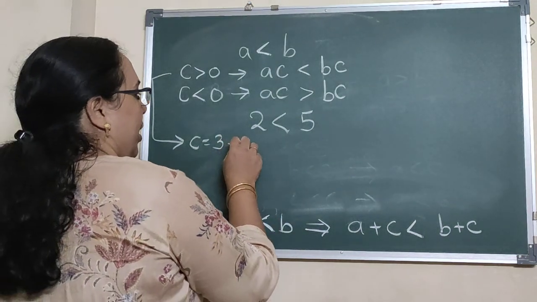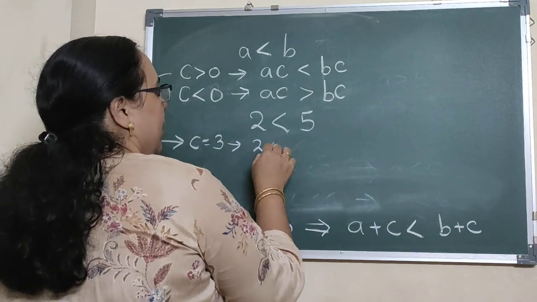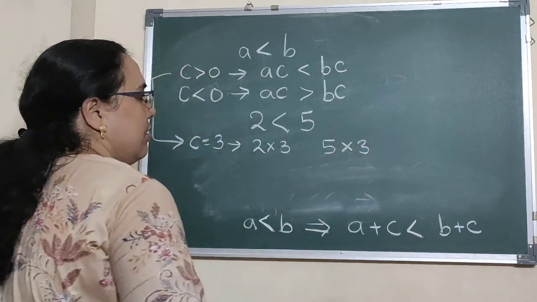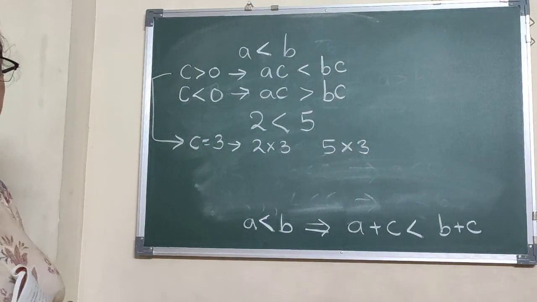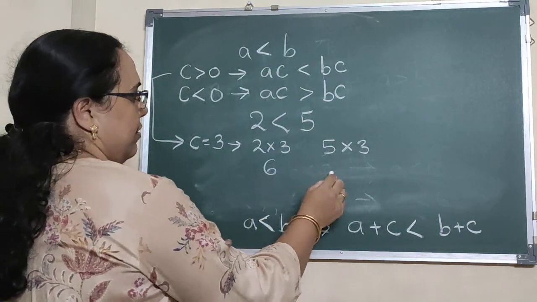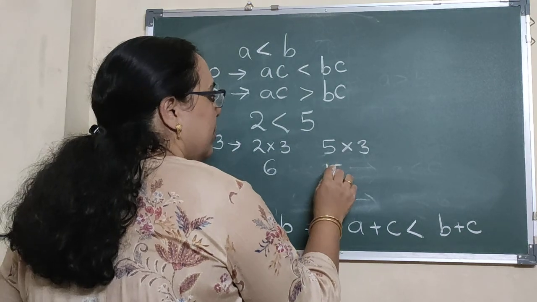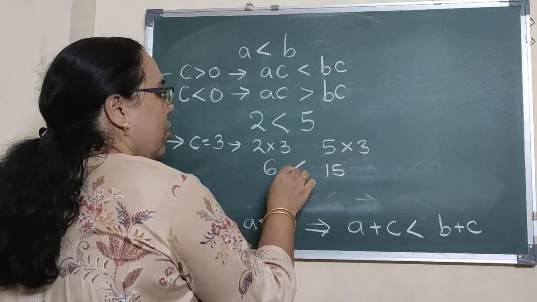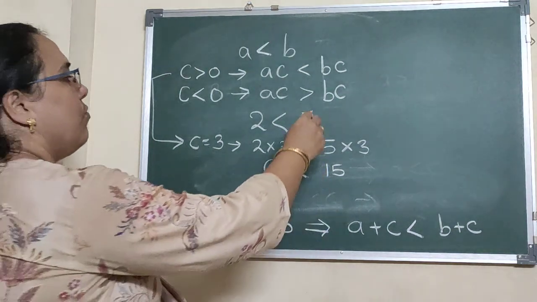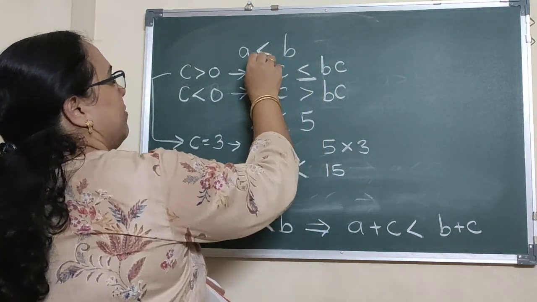So what do you get? 2 threes are 6, and 5 threes are 15. So is it not that the relation remains as it is?